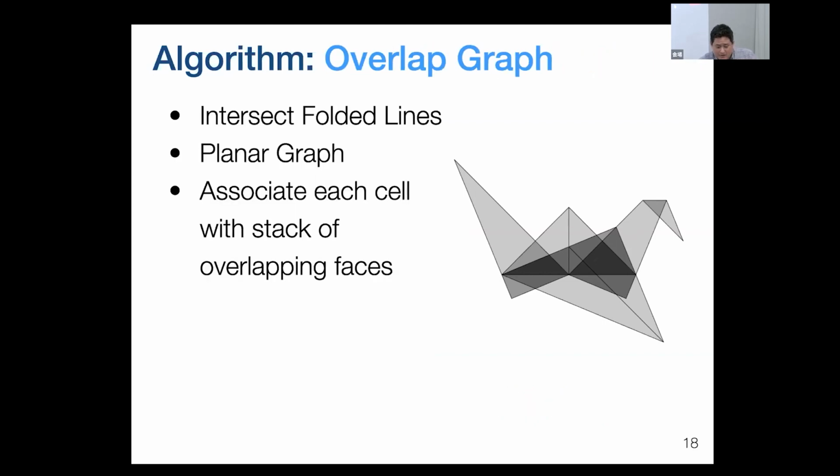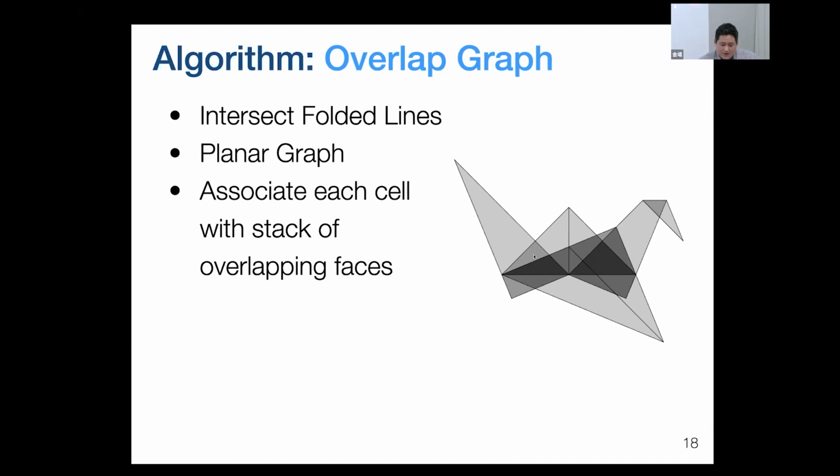The next step of the algorithm is to compute what I like to call the overlap graph, but I think is called the X-ray view in ORIPA. Basically, you take all the lines that are in the folded state, and they create a planar graph of different regions that have the same set of faces that overlap that region. And we associate with each of those cells, well, I call them cells of the overlap graph, the stack of faces that overlap that cell, right?